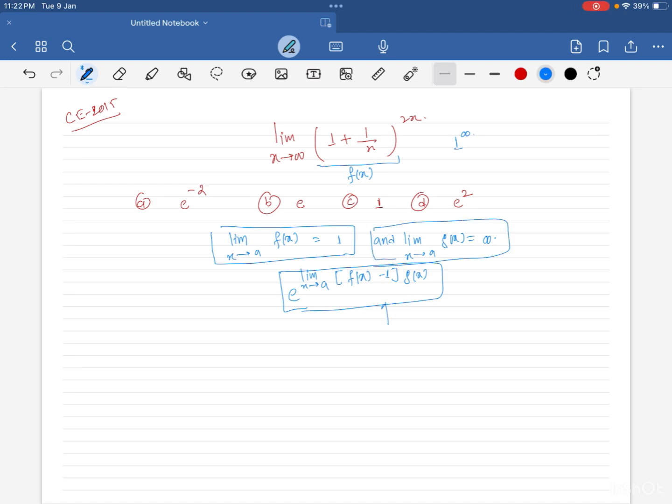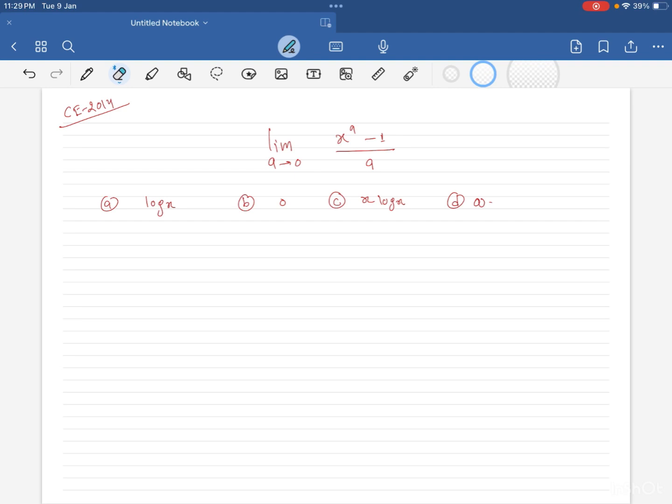So if you see that this is your g(x), then this will be the limit as x tends to infinity, e to the power limit x tends to infinity of (f(x) minus 1) into g(x). Here f(x) is 1 plus 1 divided by x minus 1, and g(x) is 2x, so that will get cancelled, and you will get e to the power 2. So that is the answer for this.